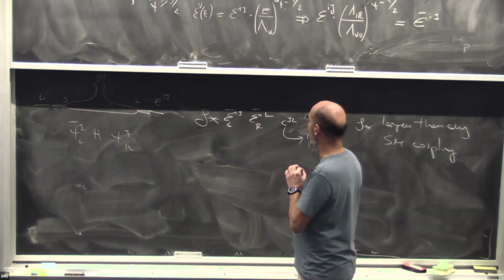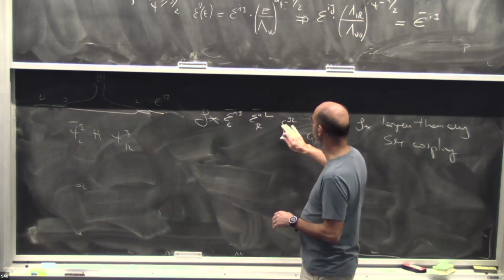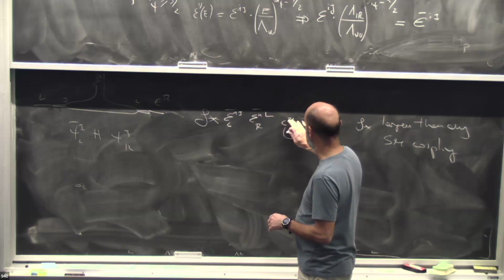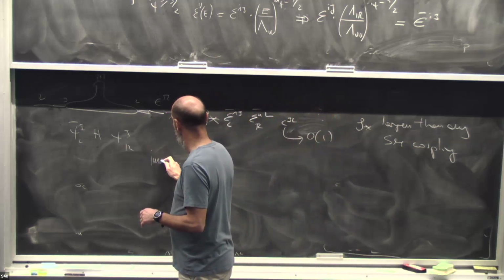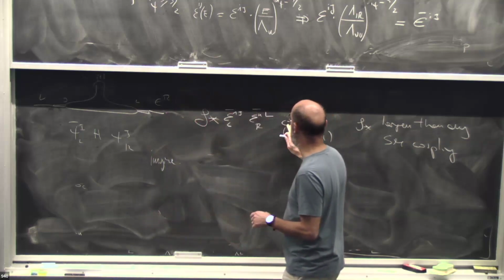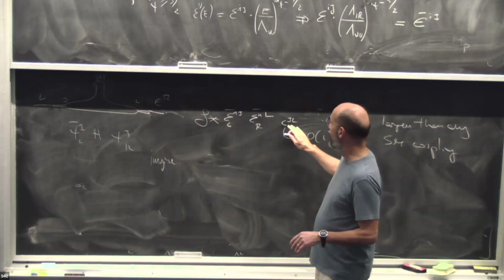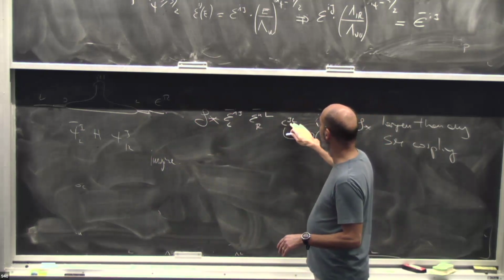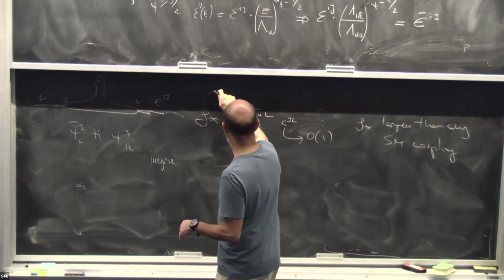Why do I want to tell you this? Let me imagine a situation, just for simplicity, where these are just delta ij. Just imagine. It's not important, even if this C_IJ is an order 1 random matrix, it doesn't change anything. But imagine this one is a delta. So this object here, what is this? This is the Yukawa coupling.